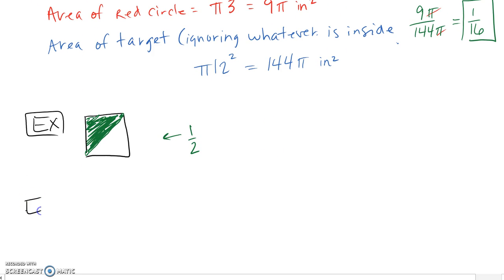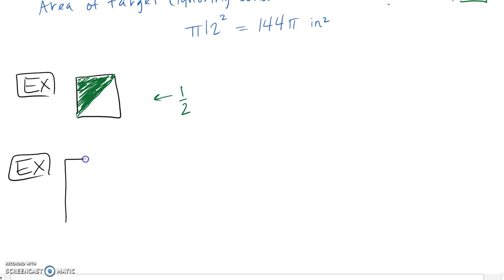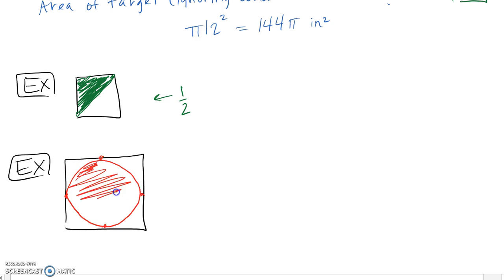The other problems that come up all the time, every time there's geometric probability, they do these problems. It's circles inside squares. You should really know, kind of file away, the percentage.